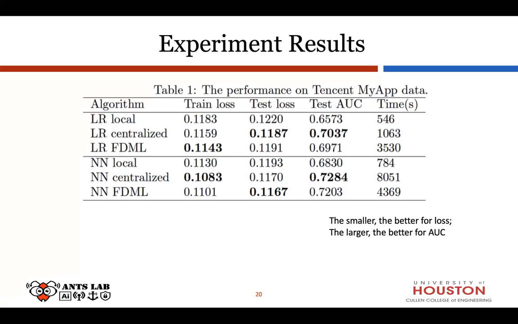A lot of people work on that area. So is there any other peer work they can compare with in the literature? Just like you said, horizontal federated learning and vertical federated learning. I believe there are some other existing papers in the literature for vertical federated learning.